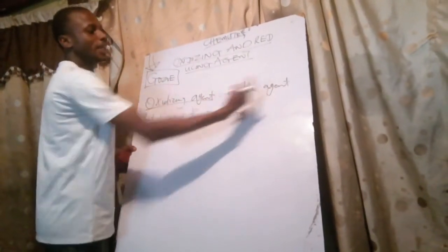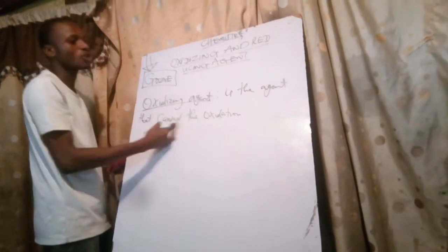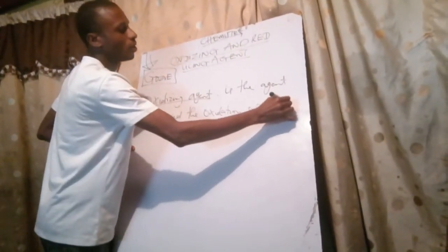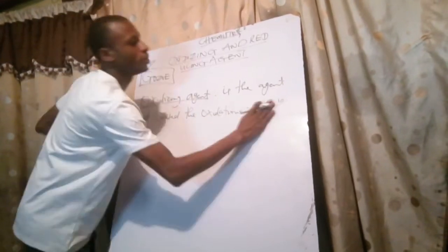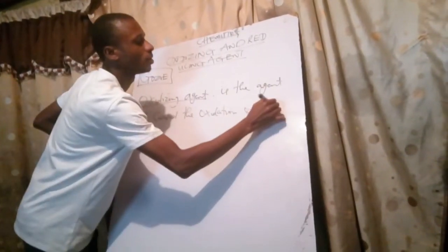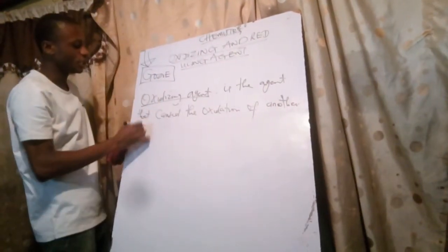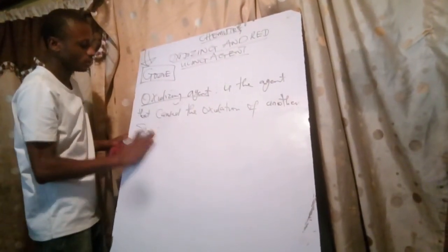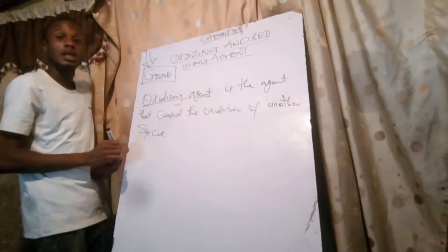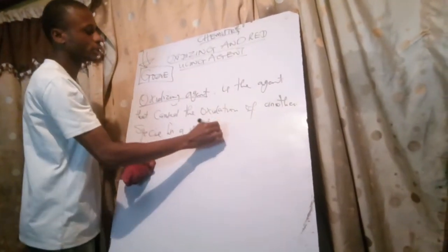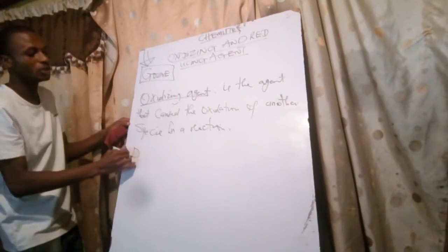So the oxidizing agent is the agent that caused the oxidation of another species in a reaction. Now I want to define the reducing agent.